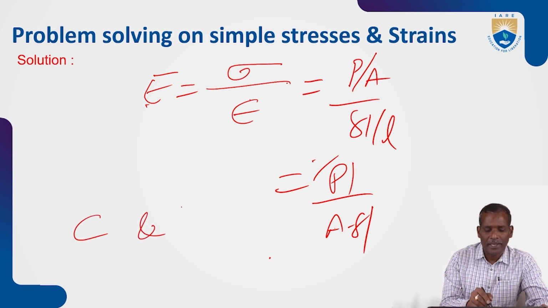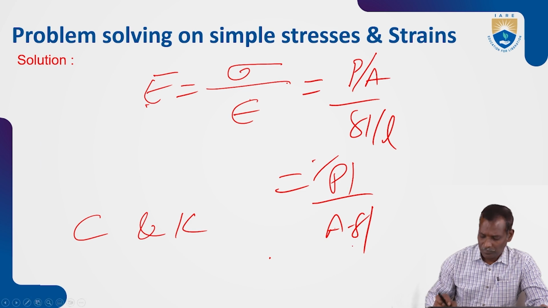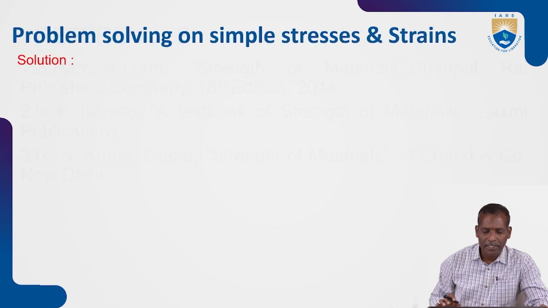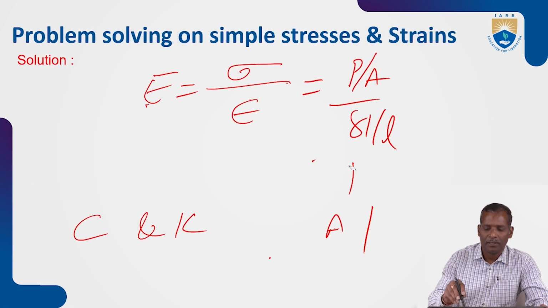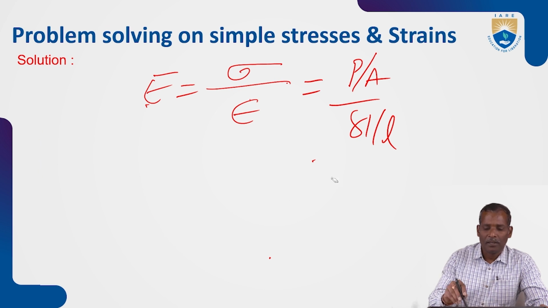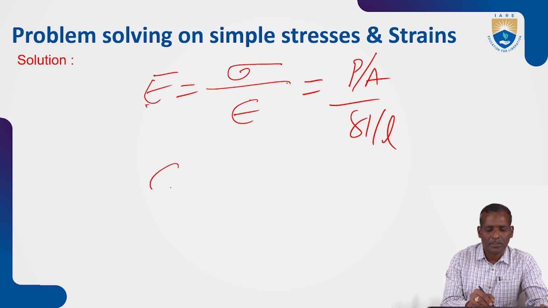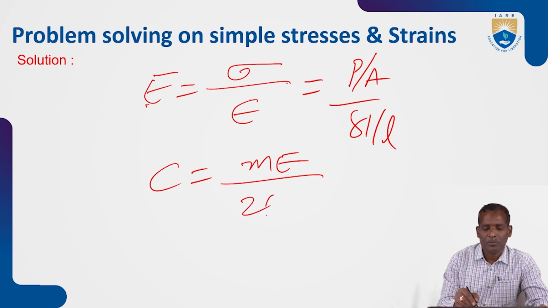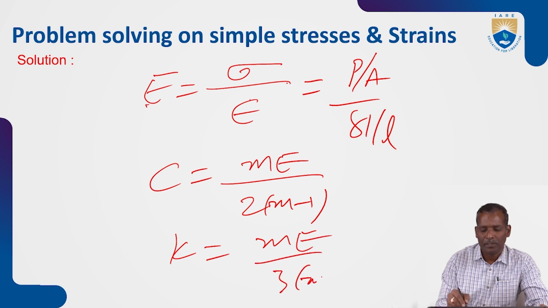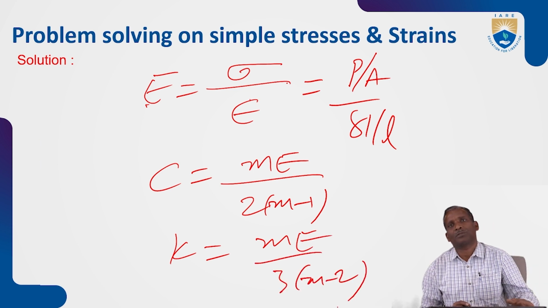And what is the relation between E, C and K? You can recall, we already derived it in the first session: C is equal to mE by 2 into m plus 1, and K is equal to mE by 3 into m minus 2.